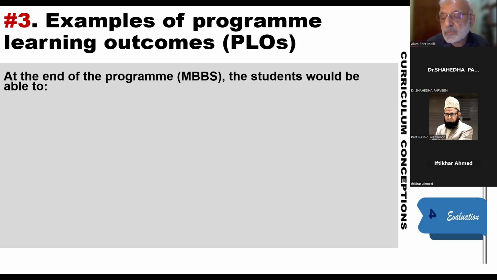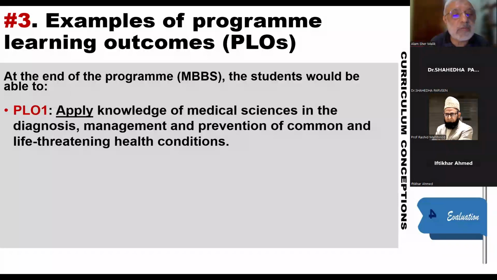The medical schools are expected to follow these program learning outcomes, and program here means the MBBS program. The first program learning outcome: apply knowledge of medical sciences in the diagnosis, management, and prevention of common and life-threatening health conditions. That's one learning outcome.